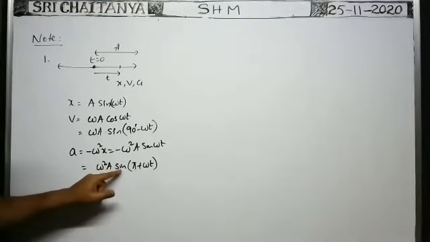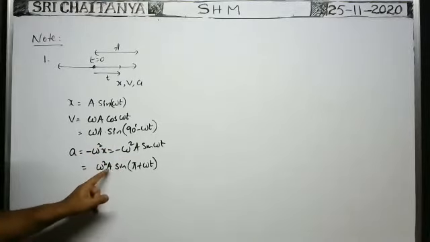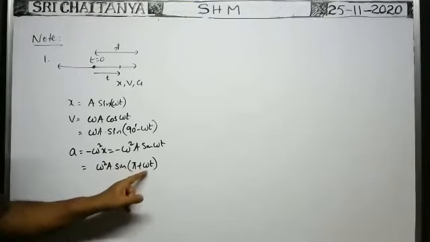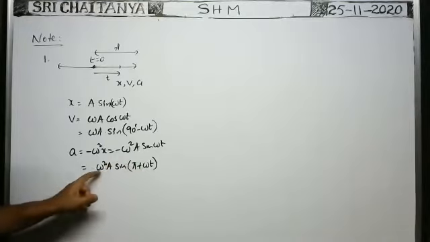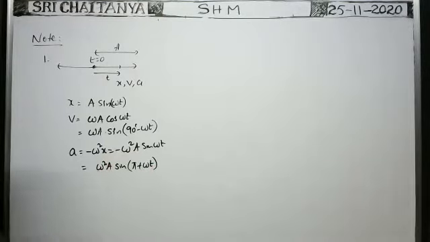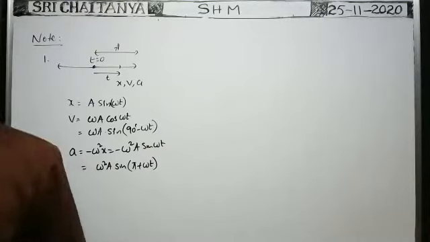In the third quadrant, sine is negative. That's why this can be written as omega square a into sine pi plus omega t, which means minus sine omega t. So minus sine omega t into omega square a, that is equal to minus omega square a into sine omega t. That's why we can write the equation like this.